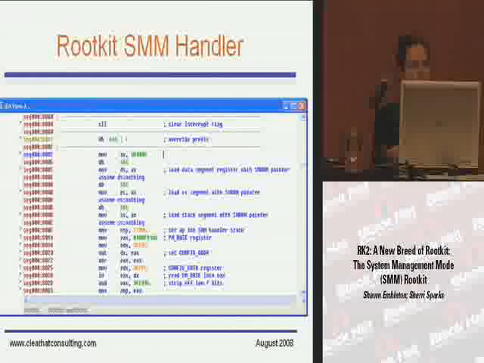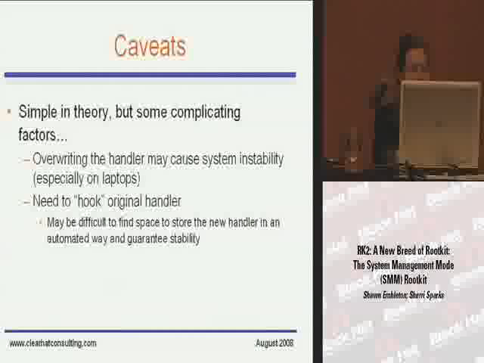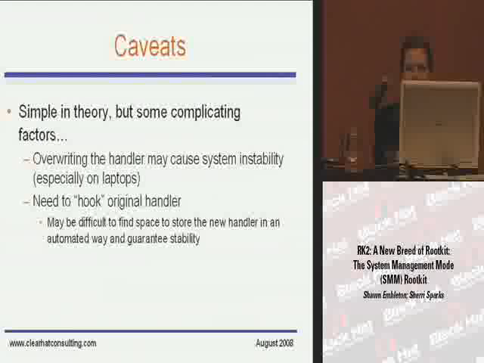And this just goes on for maybe a few hundred to a couple thousand lines that we're not going to go over in more detail. But it's kind of simple in theory, I guess, hooking the handler or installing a new handler, but there can be some complicating factors because we tried this out on several different systems, and we found different problems on each one.